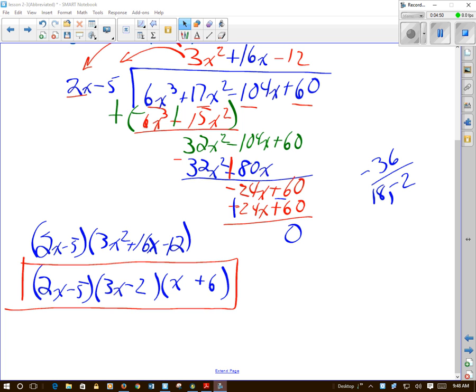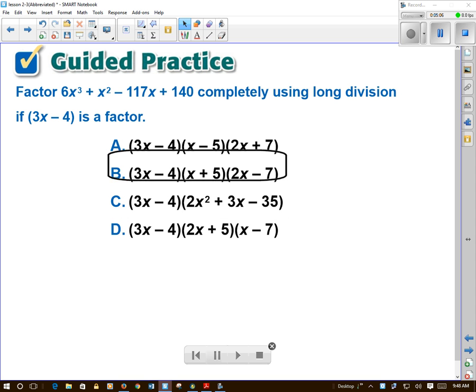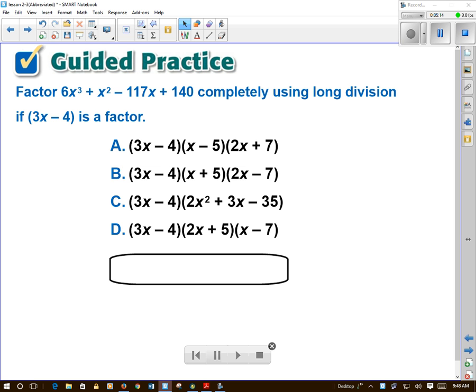And we have factored that original expression completely. Again, pause the video here and try this one on your own. And the answer is B. Okay, moving on.